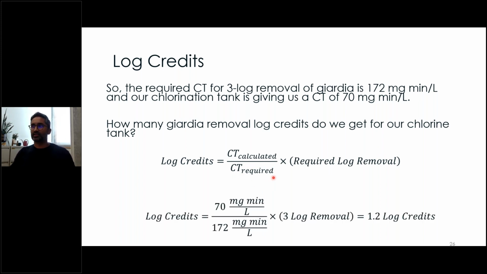So in our case, we calculated that the CT that we're getting is 70. What we need for 3 log removal is 172. And so by putting those values into this equation, we can see that we don't get 3 log removal, but we are getting 1.2 log removal from our system right now. So that's how many log credits we have.